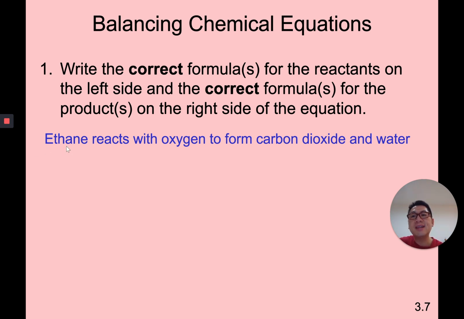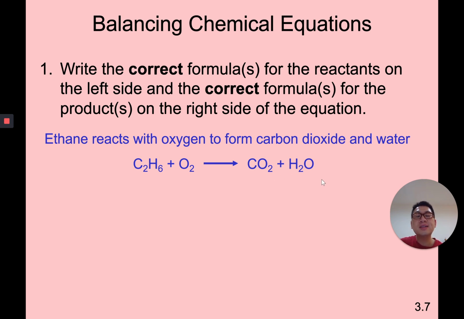So whatever ethane is, the chemical formula, I'll just tell you, it is C2H6. You've never seen it before, so I'm just telling you it is. Ethane and oxygen react to form, that's our arrow, products: carbon dioxide, you should know the formula, CO2, and water, H2O.